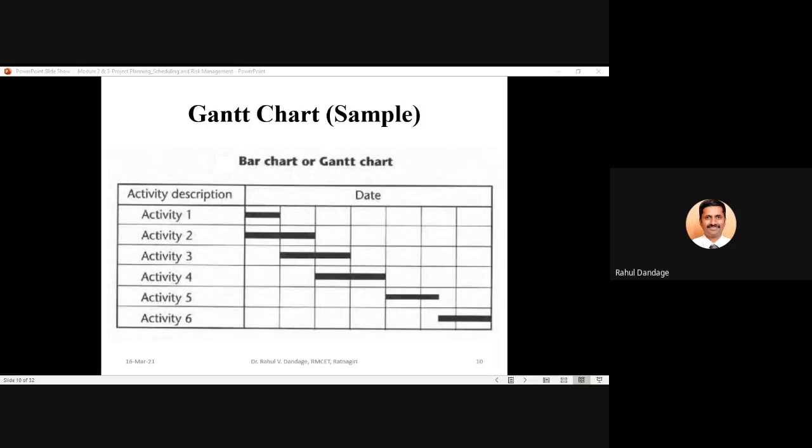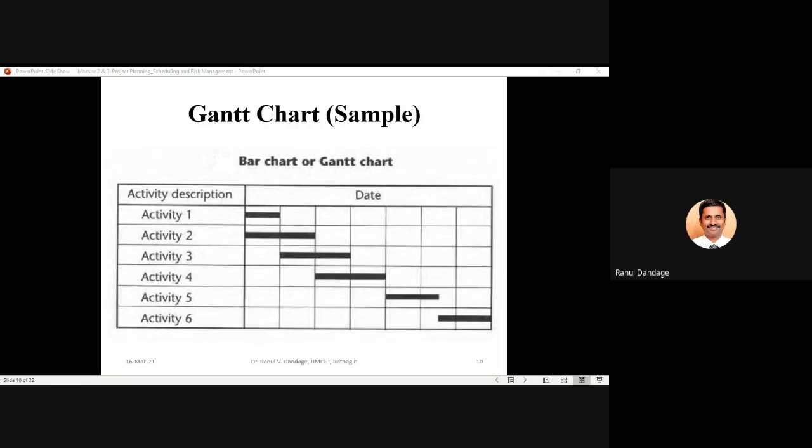Let us say, for this particular project, the dates are mentioned such that at every column start the date is 1, then column number 1 ends at 7, then 14, then 21, 28, something like this.